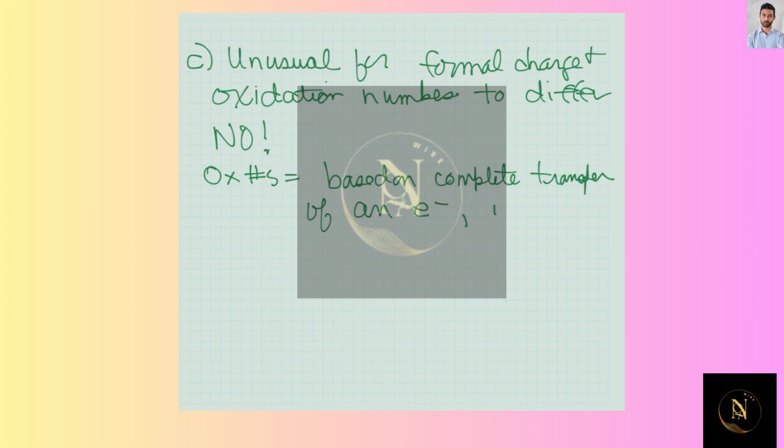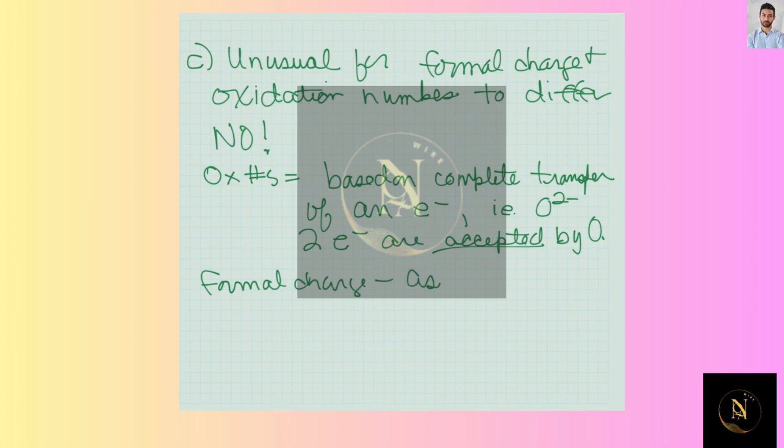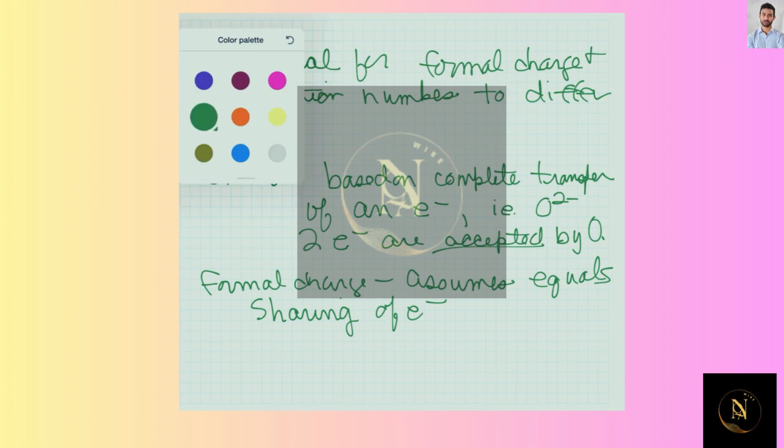So, for instance, O2 minus means 2 electrons are accepted by an O atom. 2 complete electrons. And formal charge assumes equal sharing. It ignores electronegativity. So it's not a perfect system either. Neither of those are perfect.